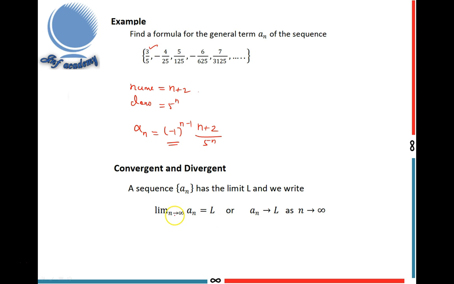If limit n tends to infinity an exists, that value is L, and we say that the sequence converges. Otherwise, we say that the sequence diverges. That means a sequence an is said to be convergent if the limit n tends to infinity an exists. Otherwise, the sequence diverges. This is the definition of convergent sequence.